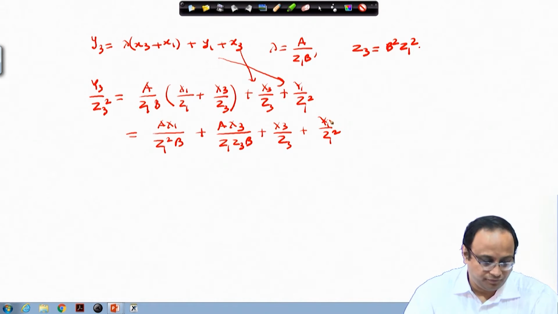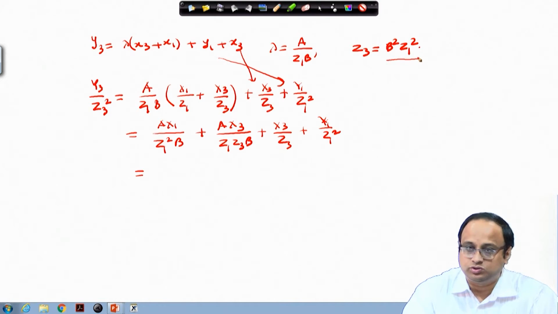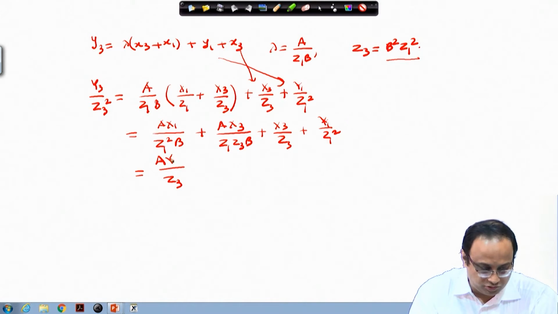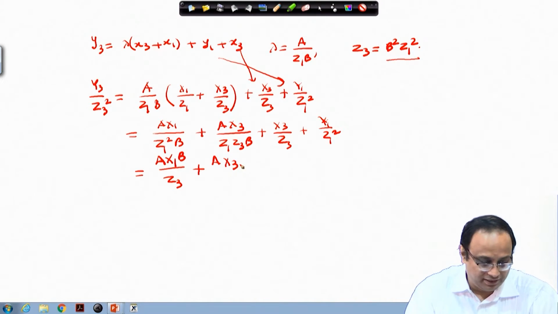Okay. So, now we can multiply the numerator and denominator here by b, and you see that if I do that, then I get b square Z1 square, and that is equal to Z3. Okay. So, therefore, I can write the denominator as Z3, and that means that I have multiplied the numerator also by b. So, I have got a X1 b. Okay. Plus I have got a X3, and I multiply again the numerator and the denominator by Z1 b.